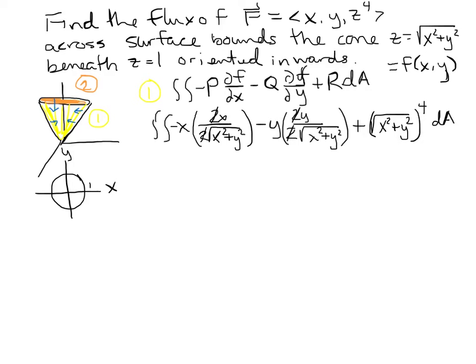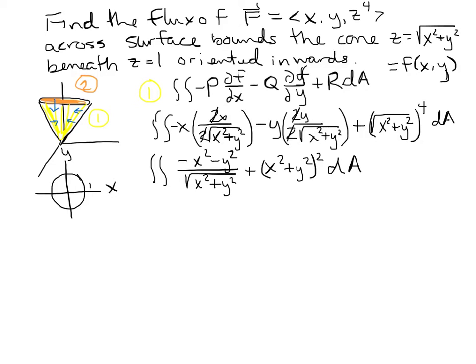So we would get a double integral of negative x squared minus y squared all over the square root of x squared plus y squared, plus x squared plus y squared, squared. One of the squares got rid of the square root from that fourth power. All right, now I'm going to go to polar coordinates.